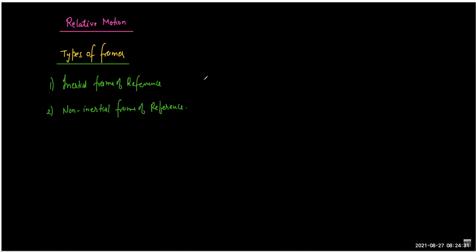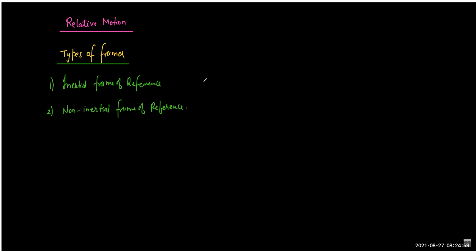Then such a frame is maintaining inertia, because if you maintain your velocity, your state is maintained. So being at rest or moving with constant velocity refers to an inertial frame of reference.